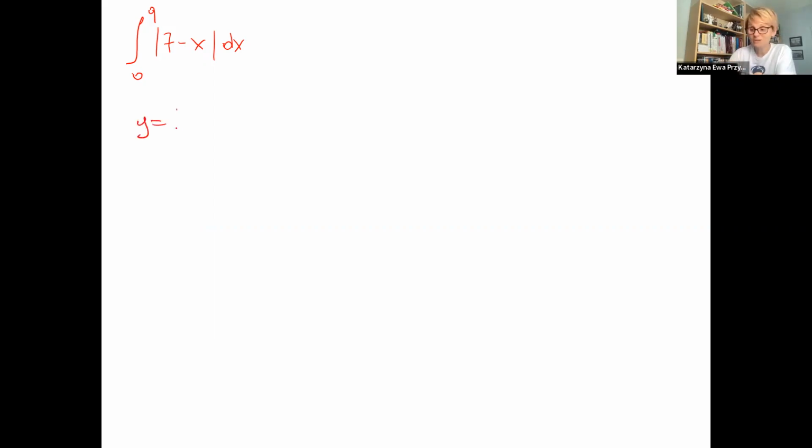That's me. What I can do, I would like to investigate how this function looks, and let's see what shape we're dealing with. Absolute value of x minus 7. It's minus, we have to be careful.